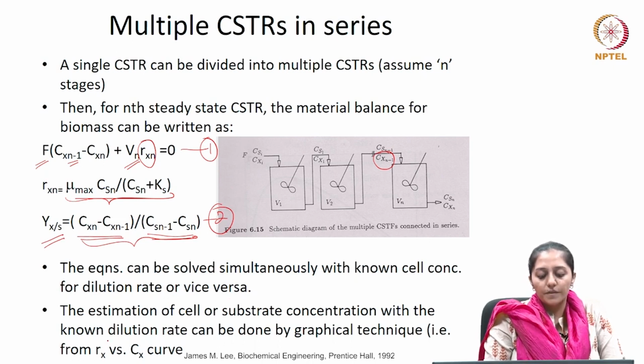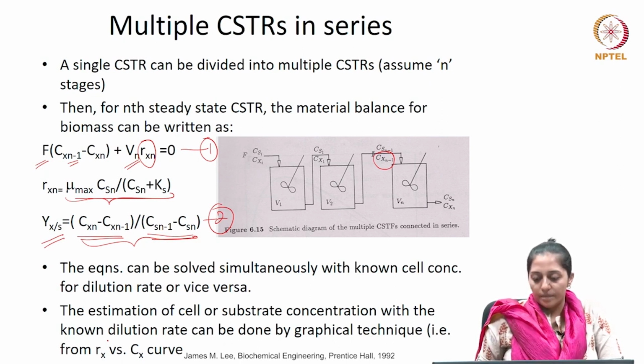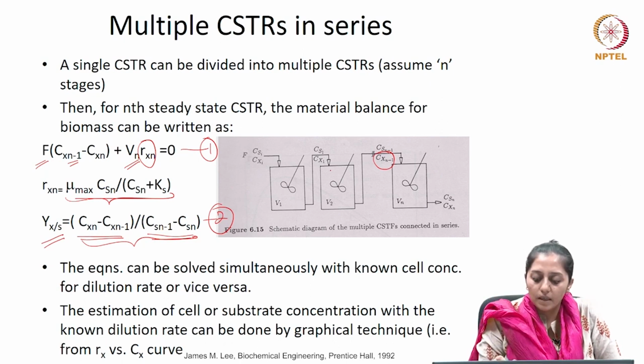The estimation of cell or substrate concentration with the known dilution rate can also be done by a graphical technique in this case. So, if you can see, the subscripts used for the nth reactor have been shown here.